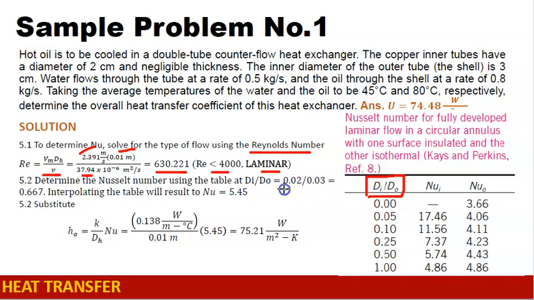So that is 0.02 divided by 0.03, so that is 0.667. As you can see in the table, we only have 0.5 and 1.0, so we need to interpolate between these two values. So interpolating between these two values and solving for the Nusselt number, the Nusselt number is 5.45.